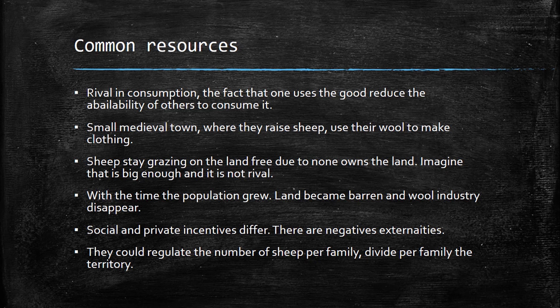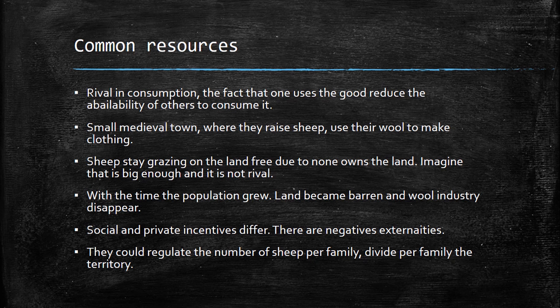In this case, we're going to explain the famous tragedy of the commons. How does it work? Basically, we are in a small medieval town, so imagine that people can raise sheep and use their wool to make clothing.